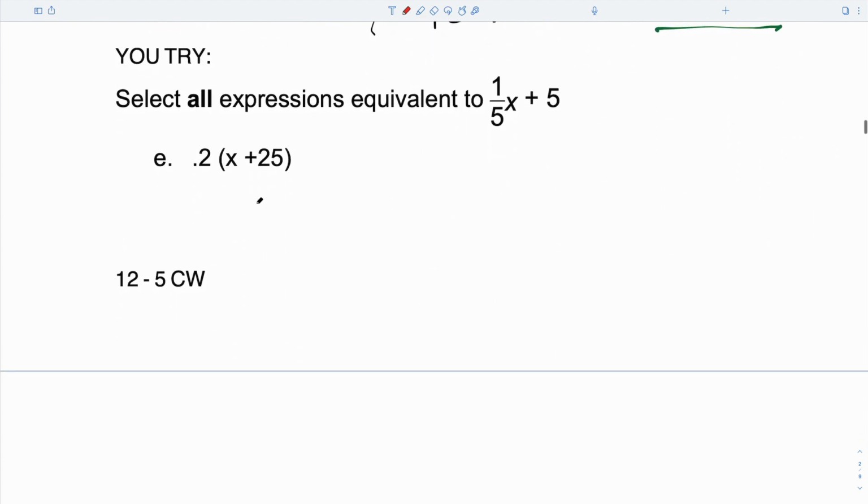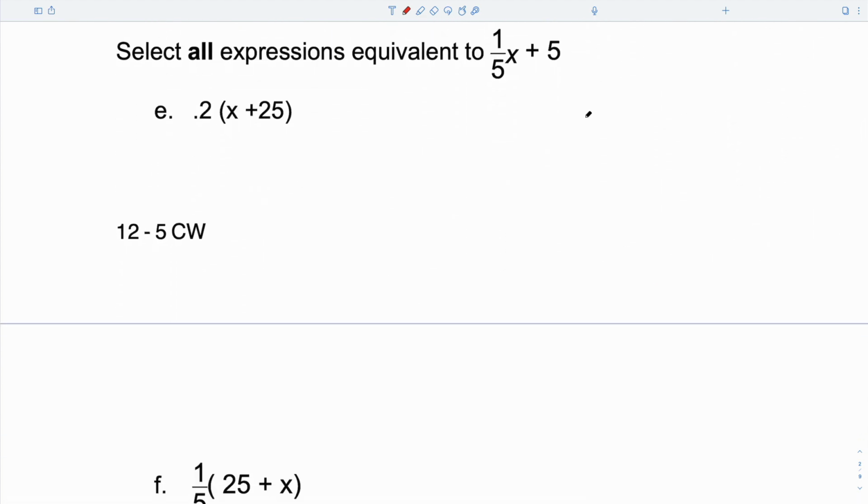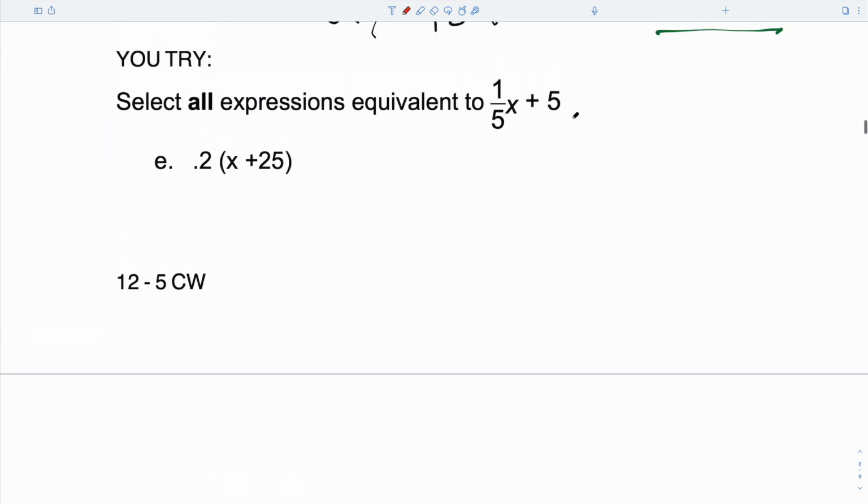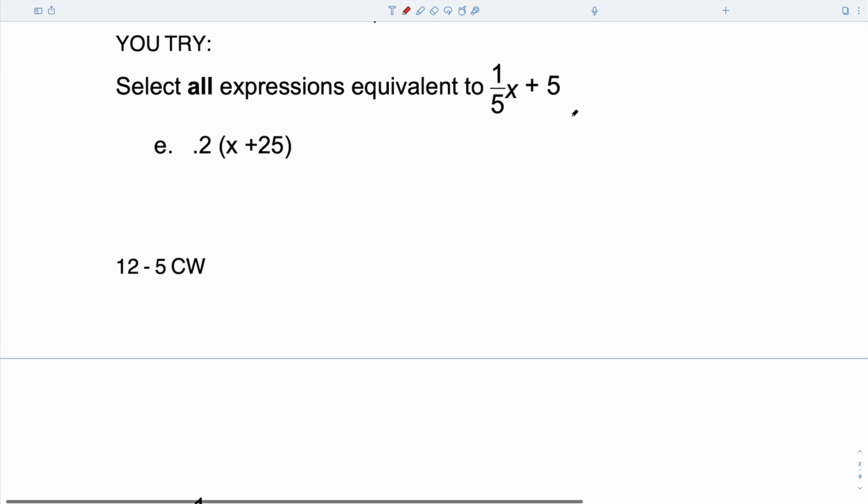Select all the expressions equivalent to 1/5 x plus 5. I'll give you 3 minutes to do this on your own. If you need help in a minute, look on the board. Pencil up. We're going to start together. No. Yes. No. Yes. Ready? Blake. Miles. Go.